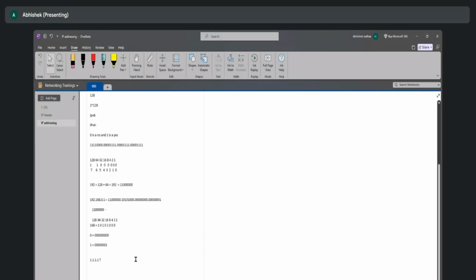Next we will go with 0.0.1. Okay, and one last question. Right. So let's see.